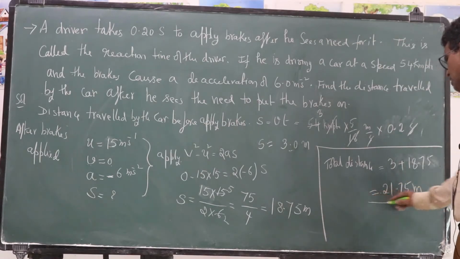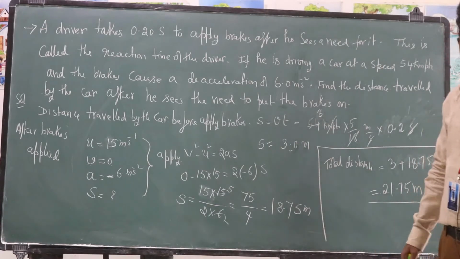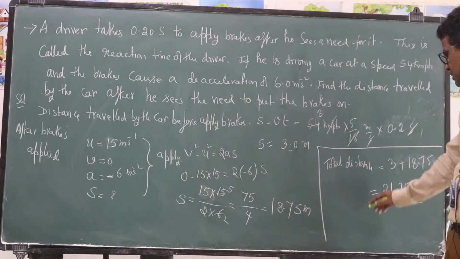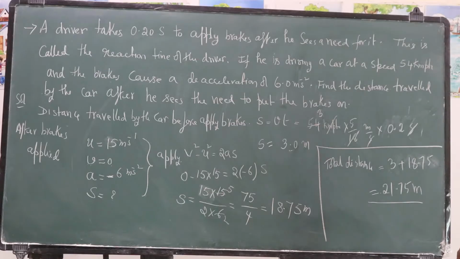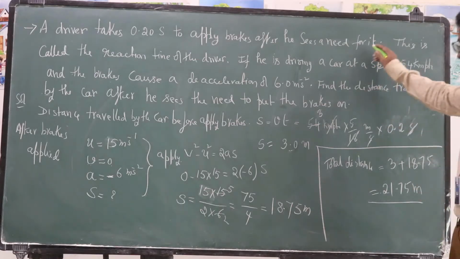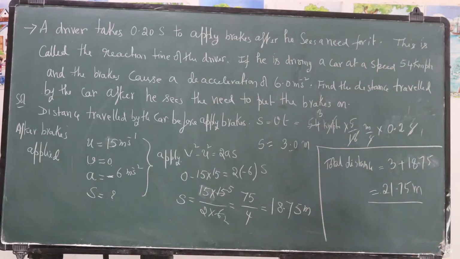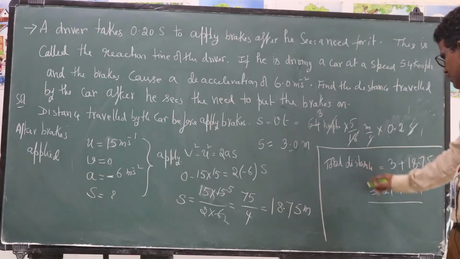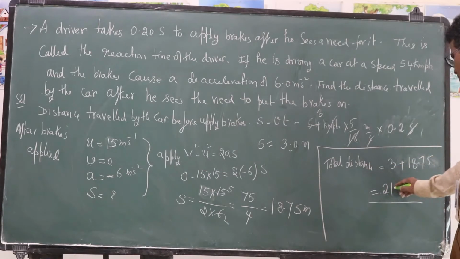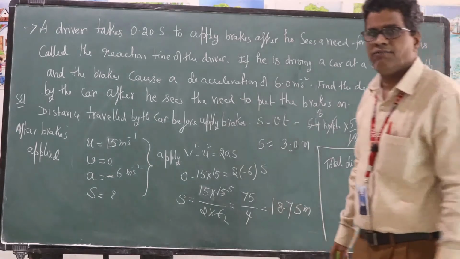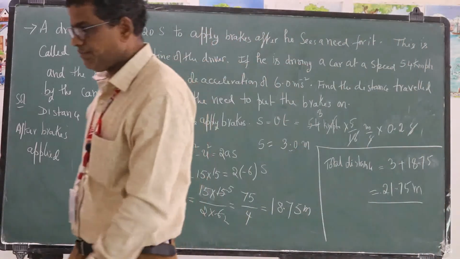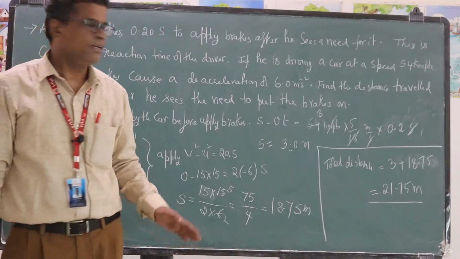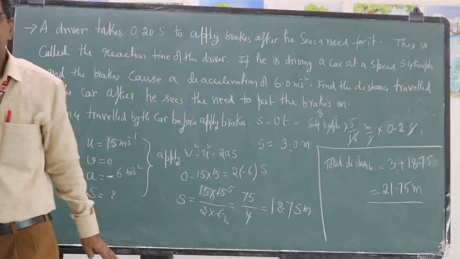So after he sees the need for the brakes, the car travels a distance of 21.75 meters and finally comes to rest, so that we can avoid collision. Okay, next problem.